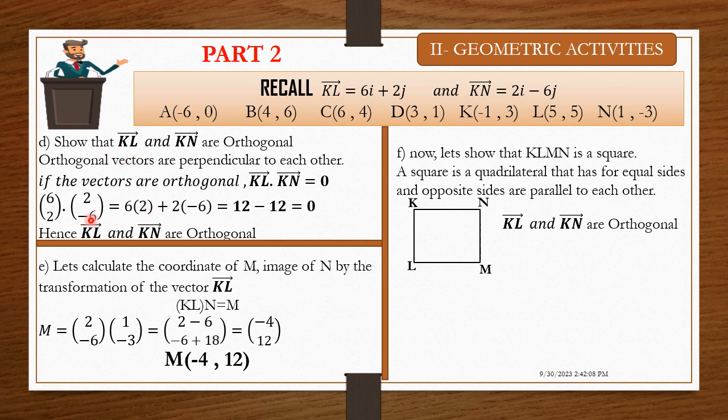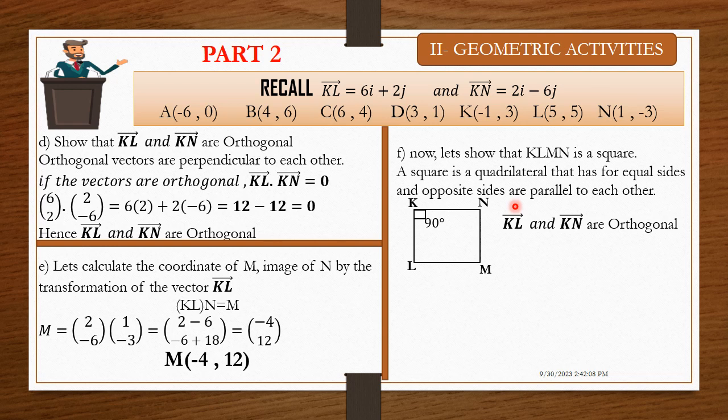They have to be orthogonal. But now I remember that in D we already showed that KL and KN are orthogonal, so we are free to place an angle of 90 degrees here, because these two vectors are orthogonal.